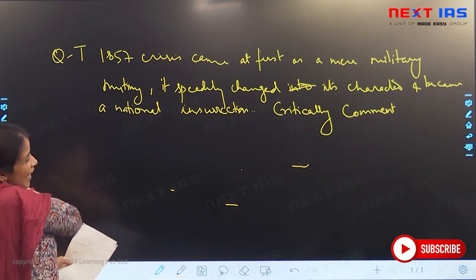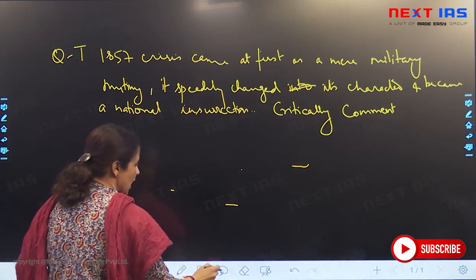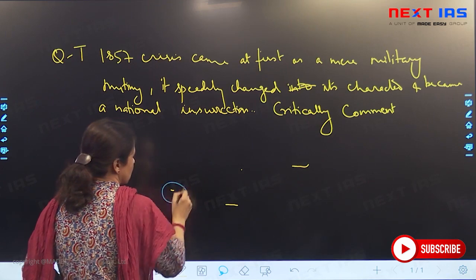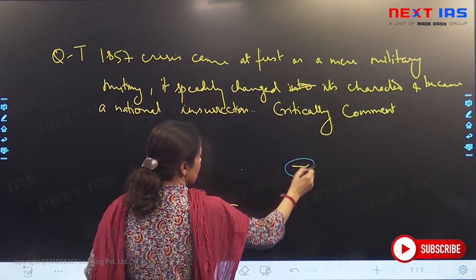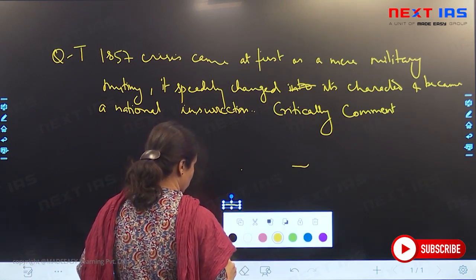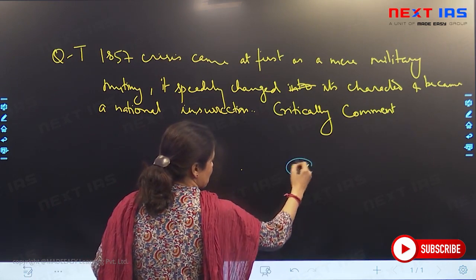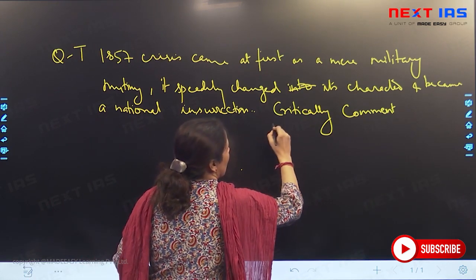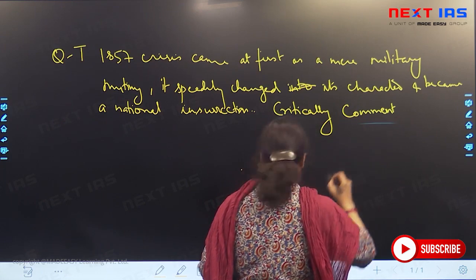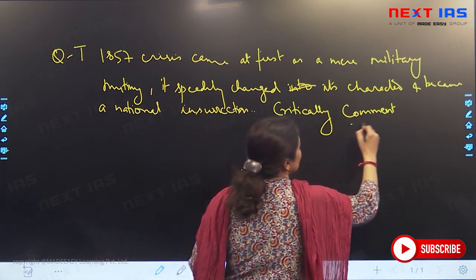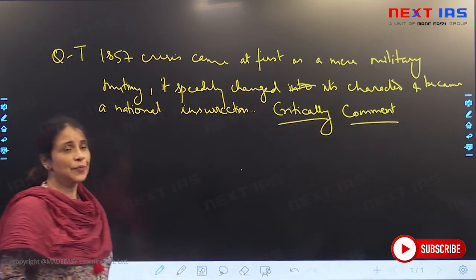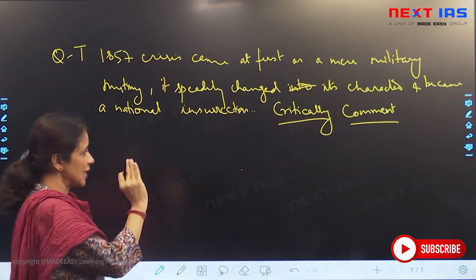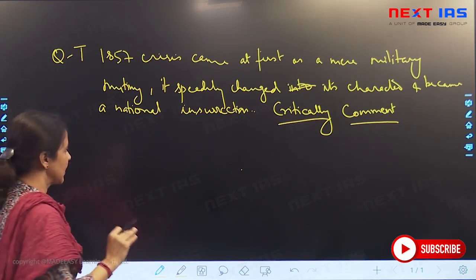This is the question. Here we see that we are having two tail words. Critically comment. One is your comment, and that too you have to critically comment this. So there are two tail words here. So let us take the first tail word, that is comment.